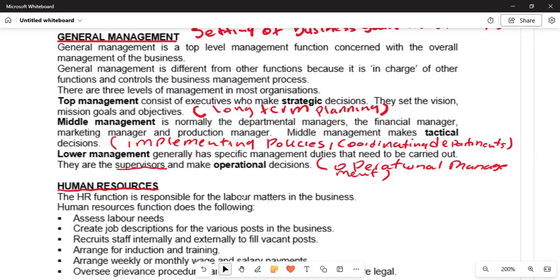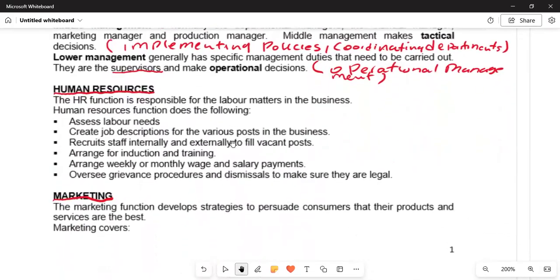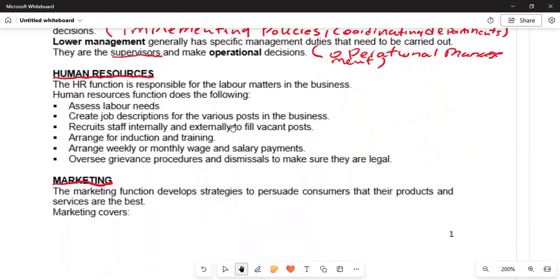So let me move on to the human resource function. So the human resource function is all about recruiting and hiring of employees.